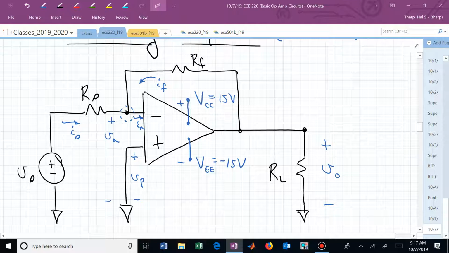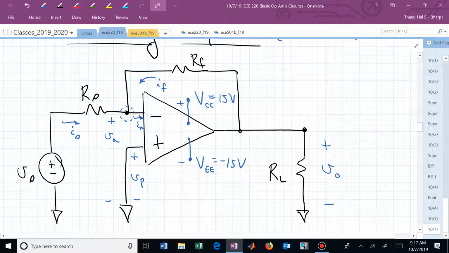And what is I sub n for an op amp? What's the input current, or the current going into the inverting input pin? It's hard to get in there, isn't it? Because the resistance is so large. I sub n is 0.